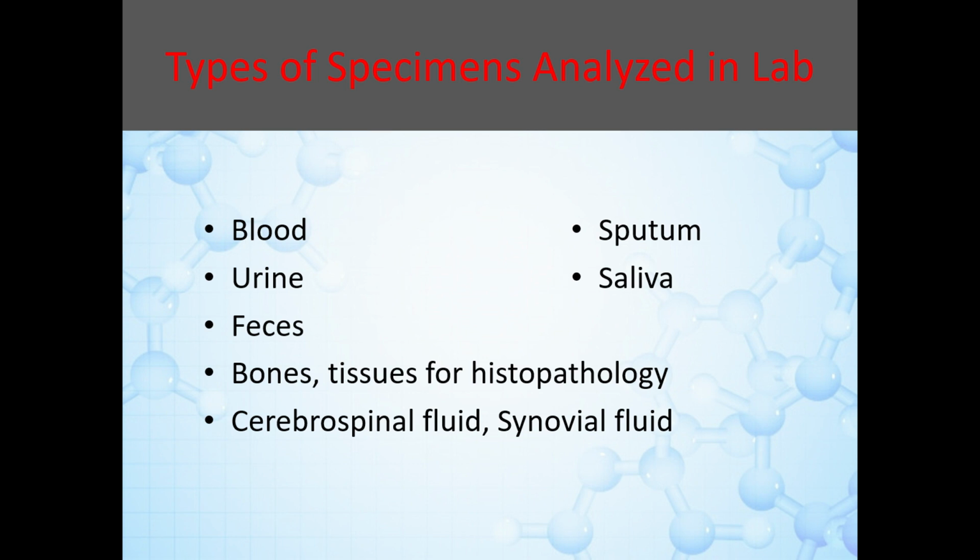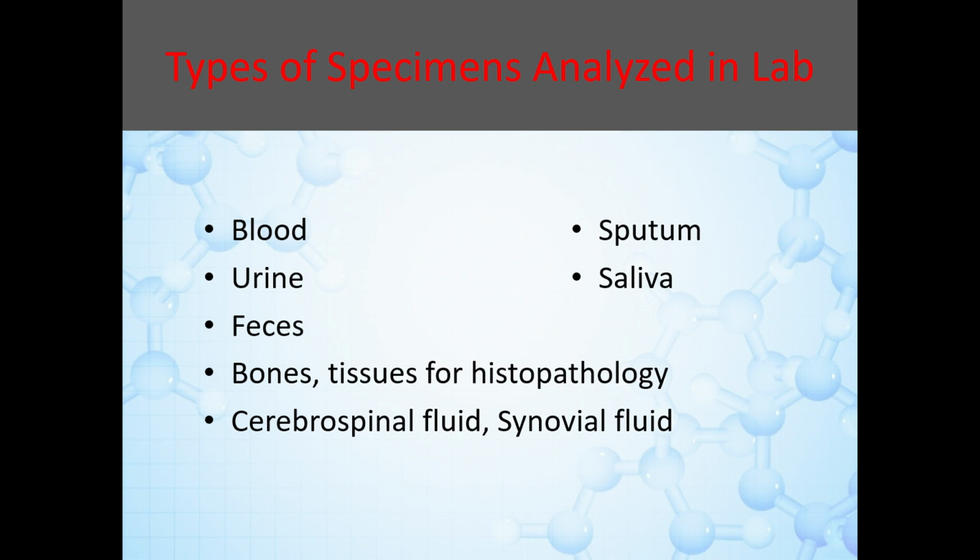Then we send cerebrospinal fluid of the patient, and we also send synovial fluid. Cerebrospinal fluid is sent to rule out certain diseases of the brain and the meninges, if a patient has meningitis or cerebral tumors or subarachnoid hemorrhages.